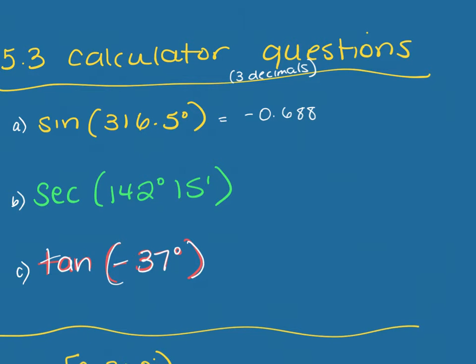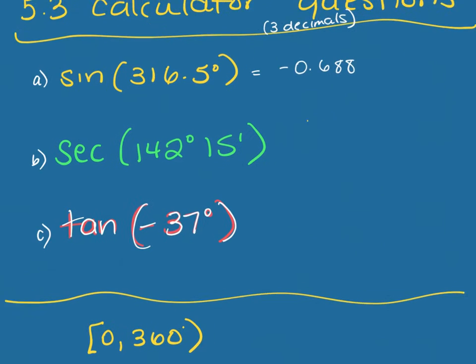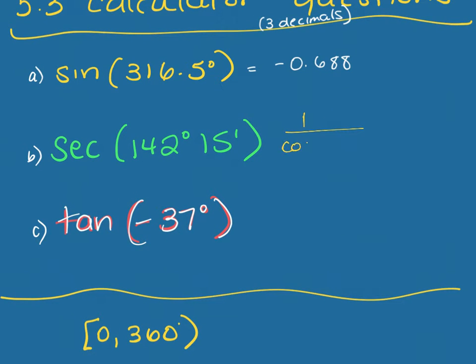Then you get reciprocal function ones like secant, which would have to be typed in as what? 1 over cosine of 142 degrees and 15 minutes. So the first thing I have to do is convert that. 15 divided by 60 is 0.25.